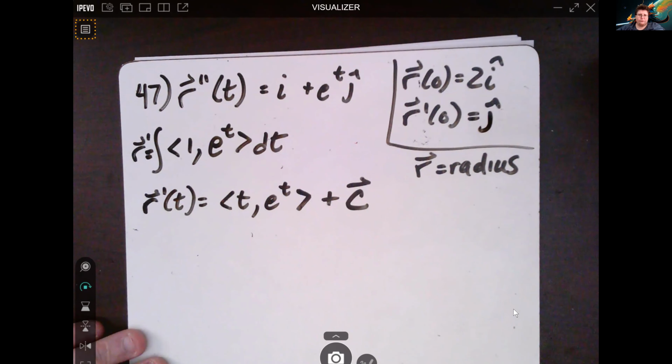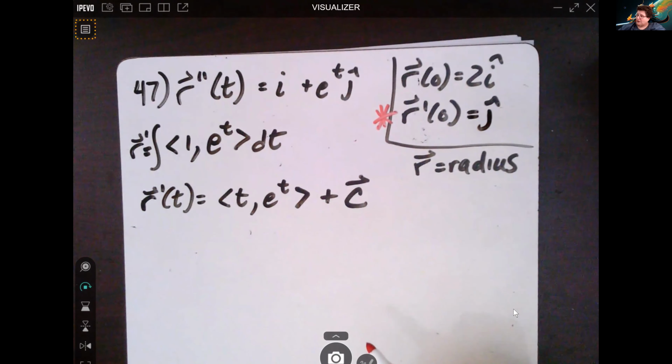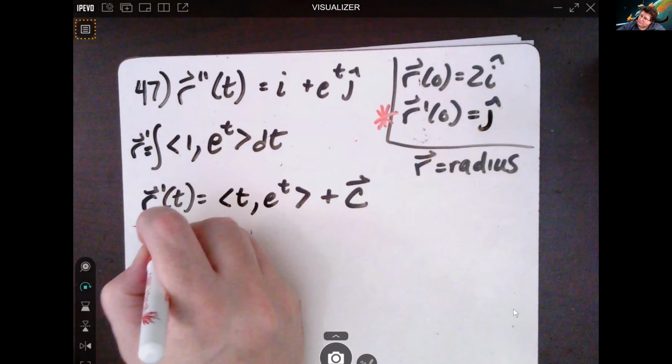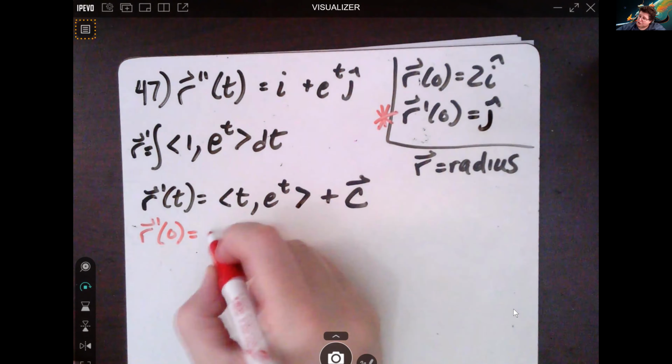So where can I go from here? Well, I was given some conditions. This is a condition on the first derivative. r prime of 0 is j hat. If I plug in t equals 0, I should get 0, 1.